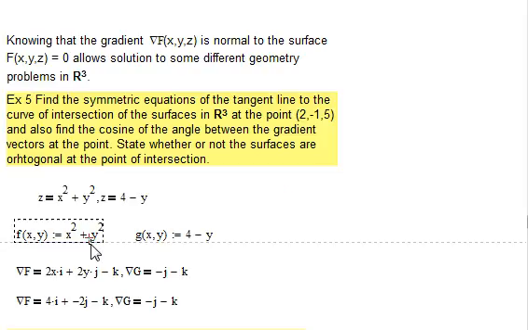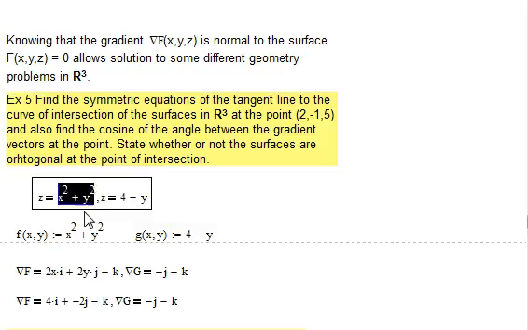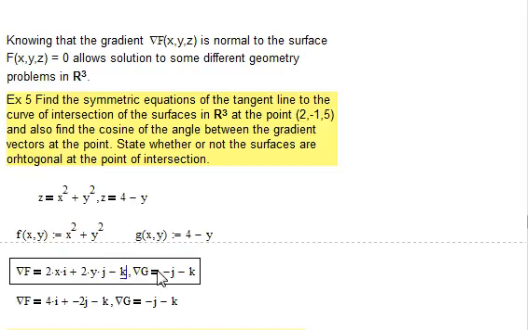So we've got these two functions, and del f for this one is 2xi plus 2yj. Del g for this one, we'll call it del g, is just negative j minus k. Oh, I forgot about the minus k on the first one. Remember, the z coefficient is always -1, so -1k.